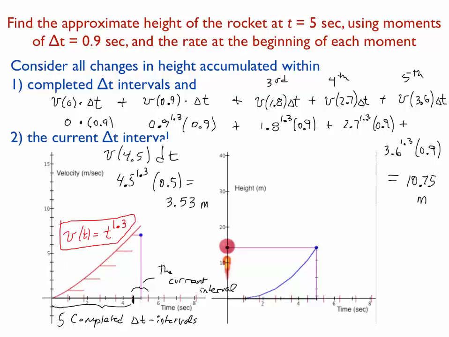All right, so the total accumulated height at 5 seconds is the sum of all the completed intervals plus the partial amount in the current interval. So what is it going to be? 10.75 plus 3.53, so our approximate height at 5 is going to be 14.28.